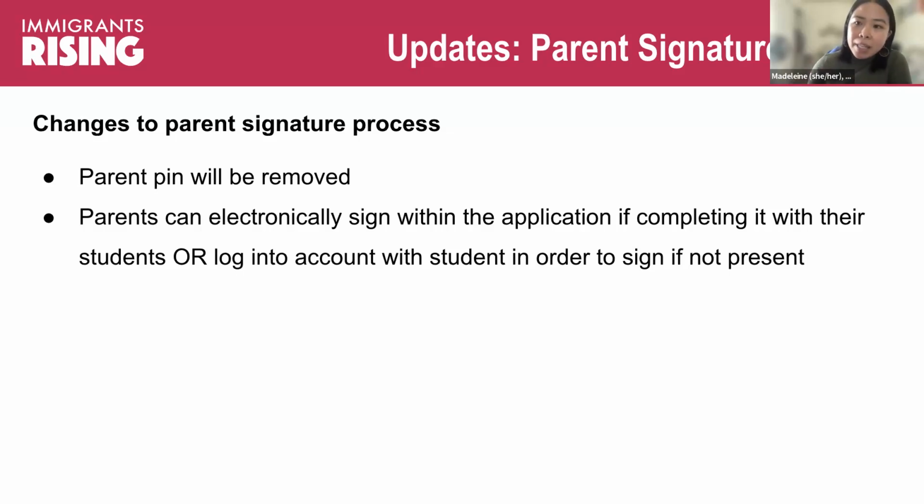So if they're sitting there completing the application with the student, they can electronically sign right there. Or if they're not present at that moment, they can log back in later with the student's account to sign. But it'll be removing that whole parent PIN process altogether. This is another hope that it will be an easier process for parents to sign the application.